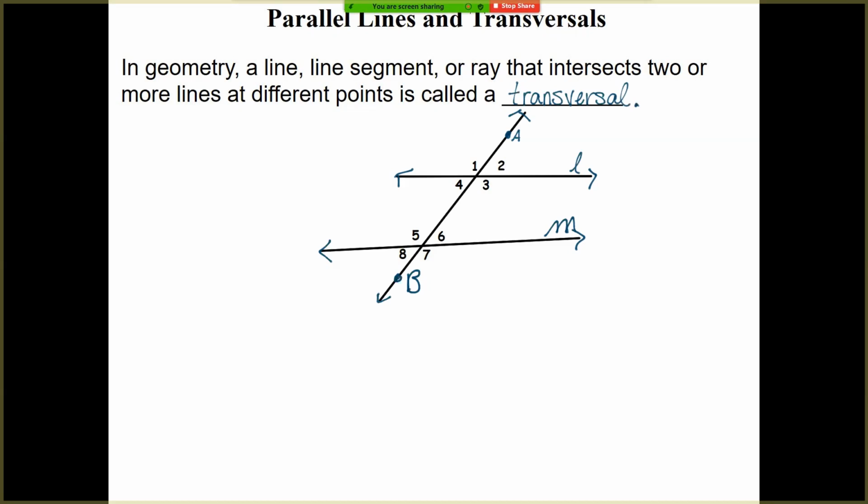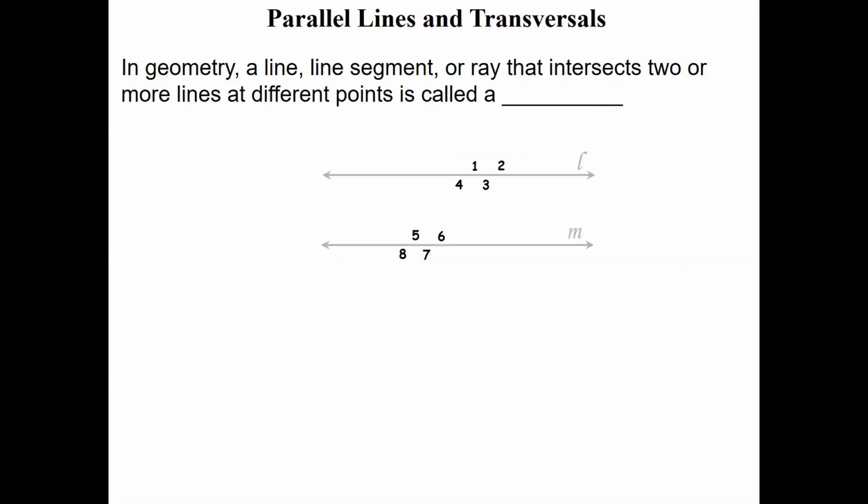In this diagram, line AB is an example of a transversal because it intersects lines L and M. Note these four numbers at the top. Four angles are created by that intersection: angle 1, angle 2, angle 3, and angle 4. The same thing happens at the bottom: angle 5, 6, 7, and 8.